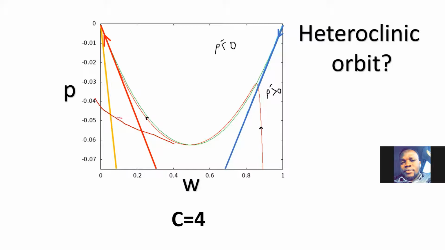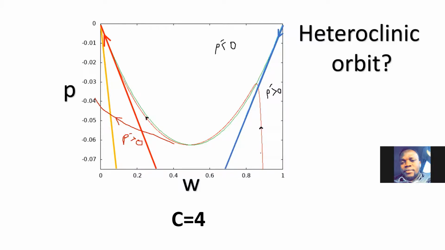Is that possible? Here I respect the fact that P prime is greater than 0 in this region. Again, P prime is greater than 0, and it could cross this line.